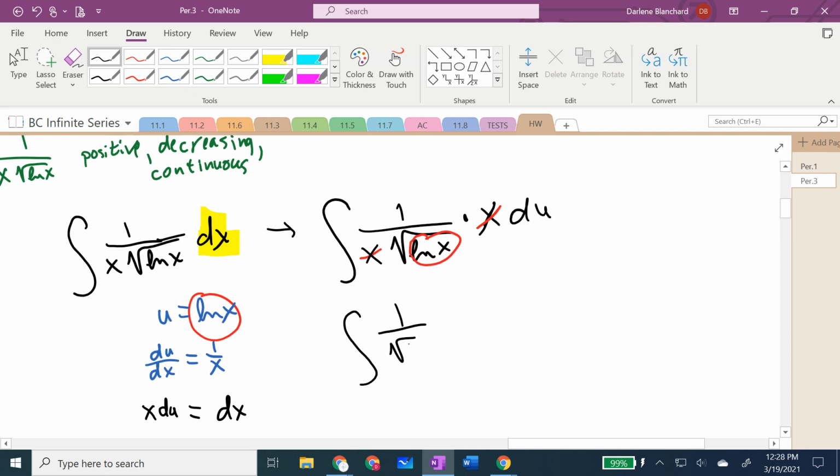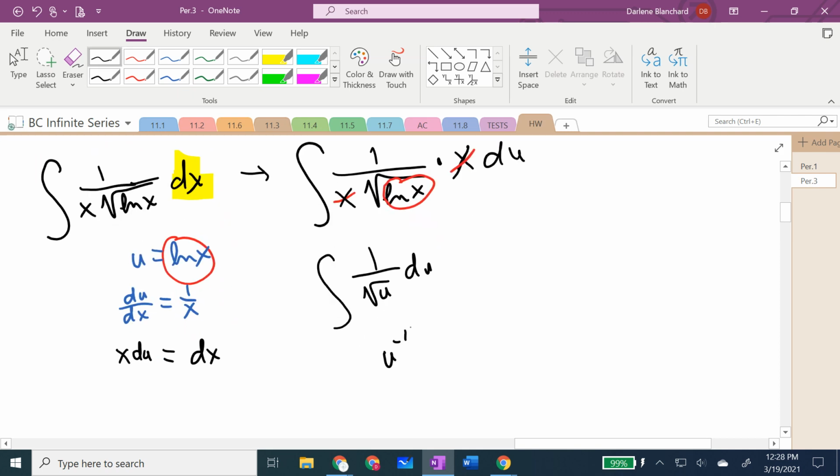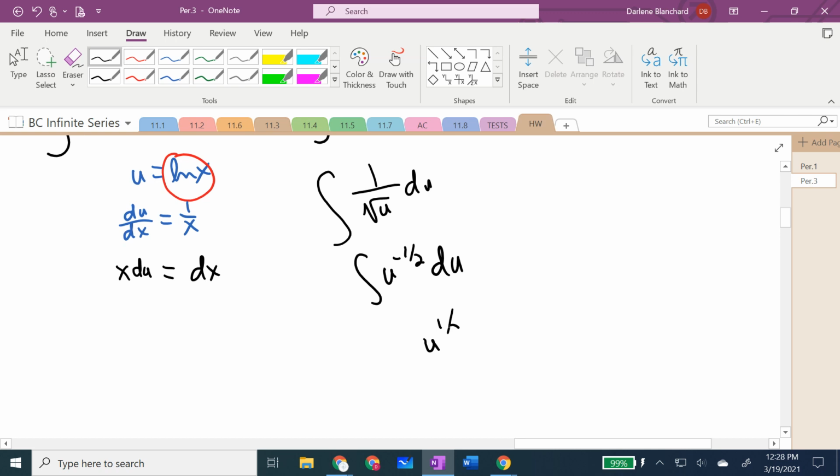I have 1 over root u du. That means I have u to the negative 1/2. And I add 1 to the exponent, multiply by reciprocal, and I'm not going to bother adding c, but I do need to bother plugging the u back in. So 1/2 exponent means square root. u is natural log x.